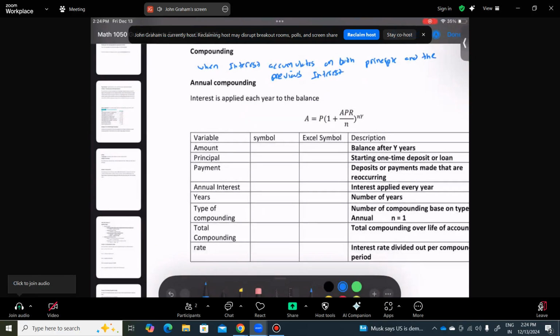All right. So for annual compounding, there's a specific formula. It's your principal times 1 plus your APR over N. N is your number of compoundings, raised to N times Y, being your years or your time.